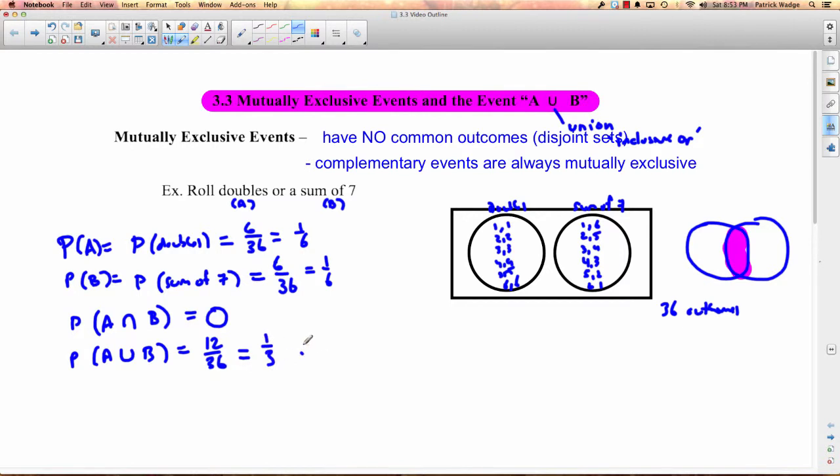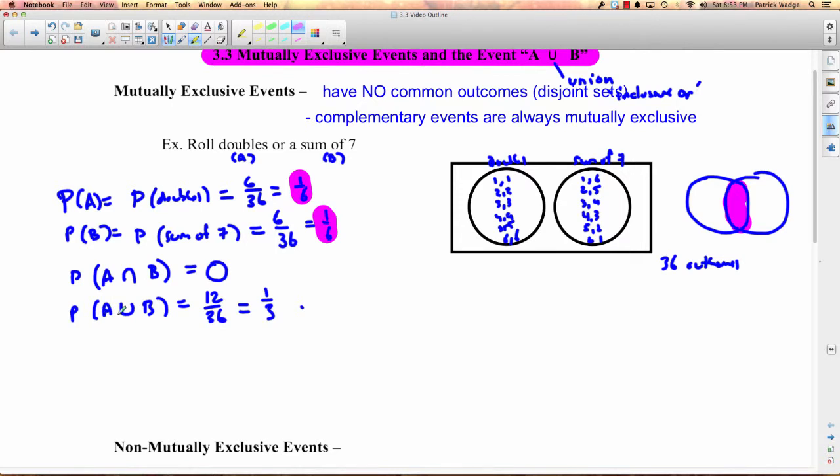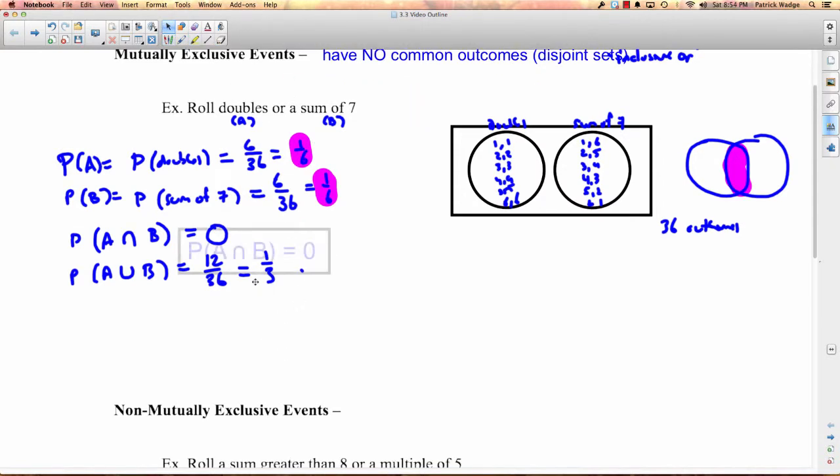Now, can you think of what you would have done with these two previous answers to get this answer? You added them together. When they're mutually exclusive and you want to get the probability of A or B, you just add together the individual probabilities. So here's two important formulas. There's this one, which is now covered, so I'll erase this so you can see it.